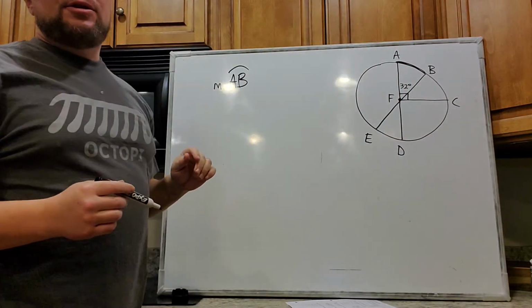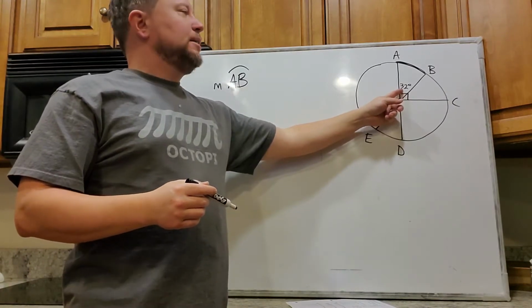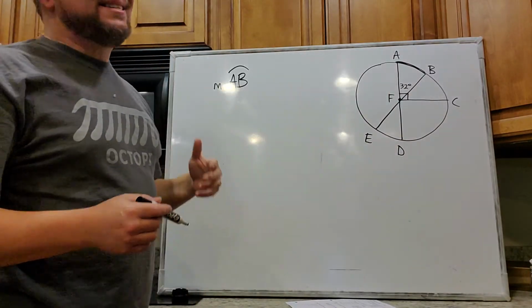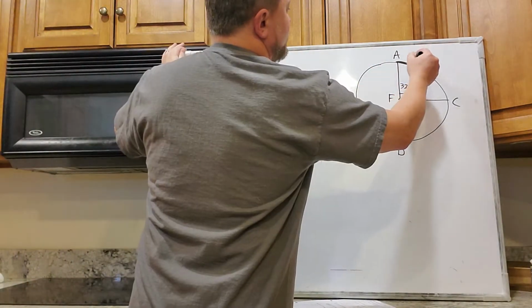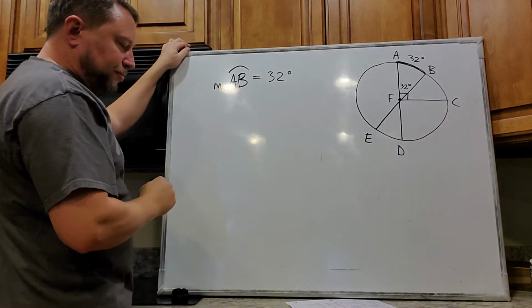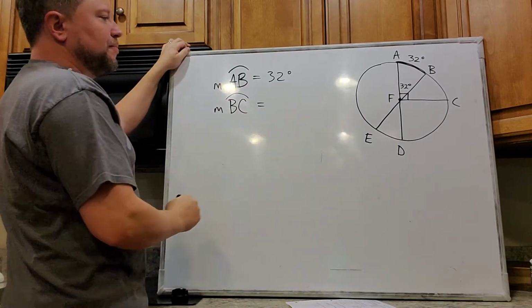We did learn in this chapter that if the central angle here is 32 degrees, then the arc it intercepts, which is arc AB out here, would be the same measure. So that's also a matching 32 degrees. The next arc they want us to find is BC.